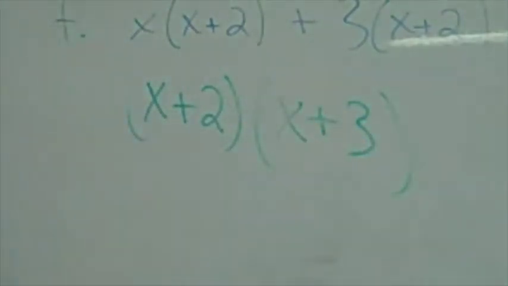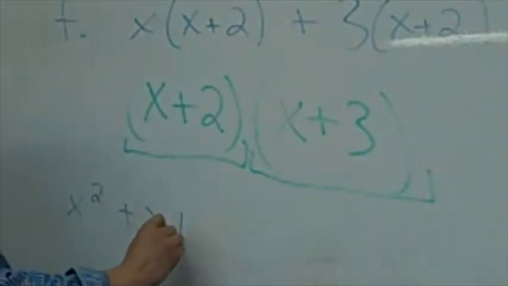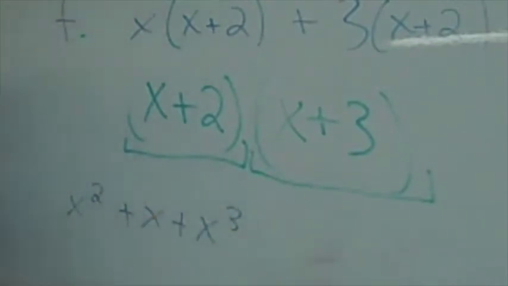Isn't that crazy? I'll color coordinate it for you. Like in the last problem, in this one, x squared plus x to the third. What's common in all of these terms? There's at least an x in all of them. And so you have an x out front, and then on the inside, you have the rest of it with x divided out. So you have x plus 1 plus x squared.